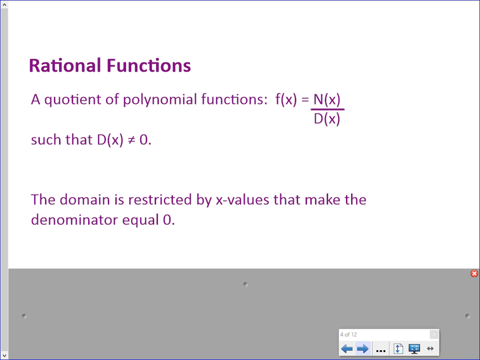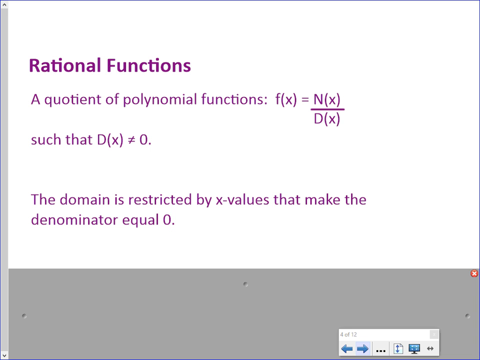So not only would I have to exclude one of those, but I would have to exclude 2 numbers from my domain. Every time you exclude an additional number from domain or range, you have to add a new set of intervals, right? So if we only exclude one number, we have 2 intervals. If we're excluding 2 numbers, then we would have 3 intervals. So the left, the right, and in the middle.